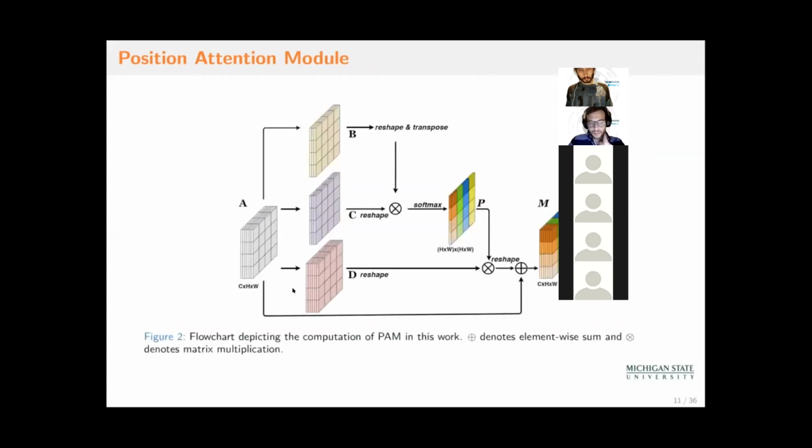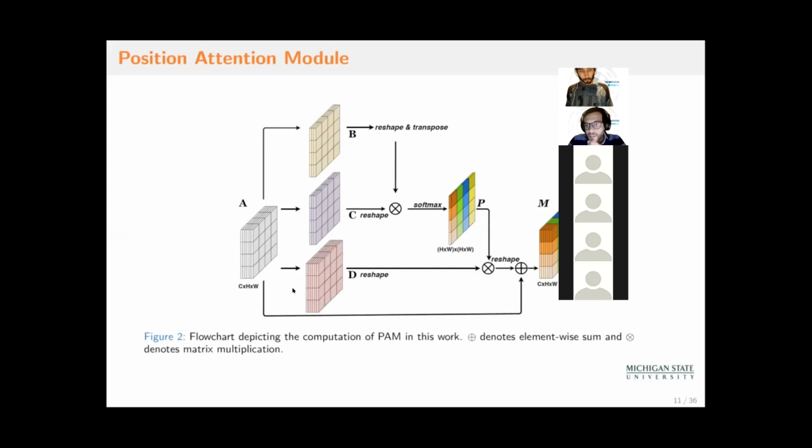So here is the overall flowchart to compute the position attention module. Given the input feature maps A, first it is input to convolutional blocks to obtain another feature map B and a second feature map C. Then we perform the reshaping operation on B, as well as the transpose operation.